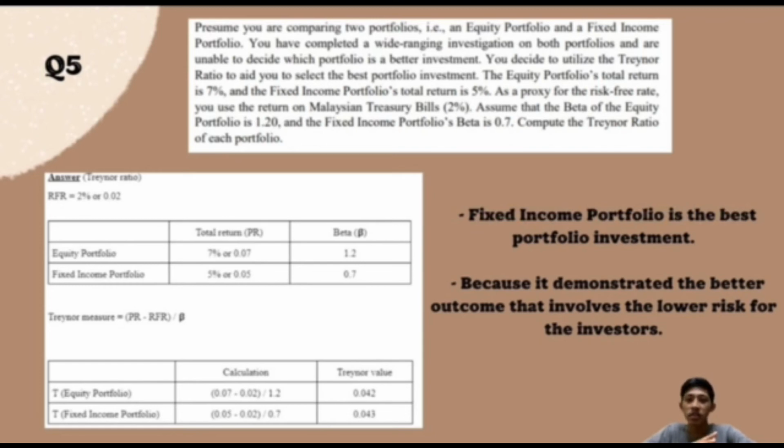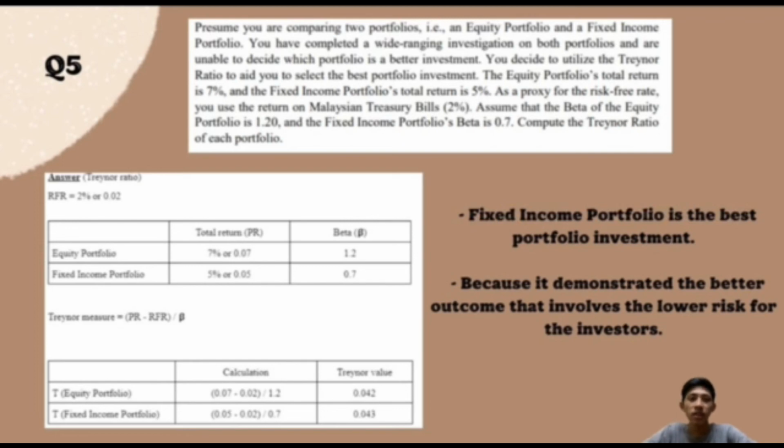Same as question number 4, we must know the formula of the Treynor measure, that is equal to PR minus RFR divided by beta. We use the table to calculate the Treynor value easily.